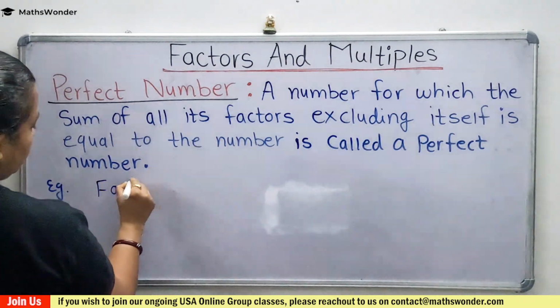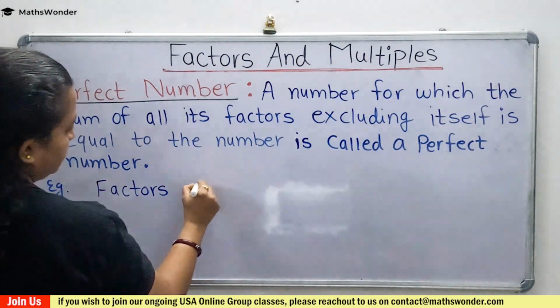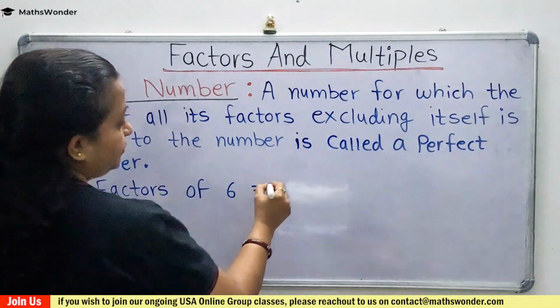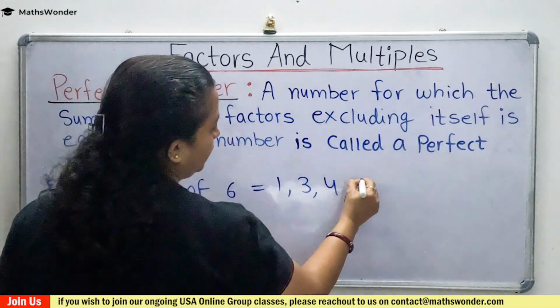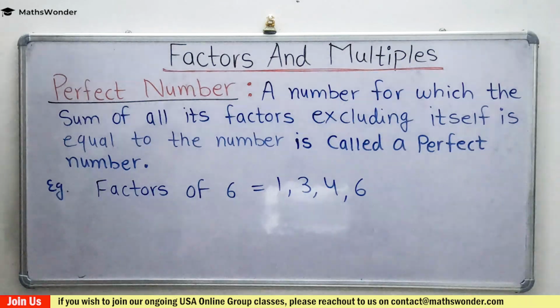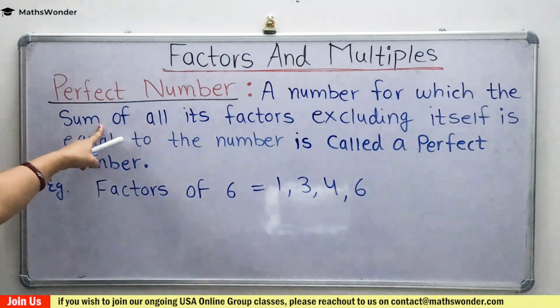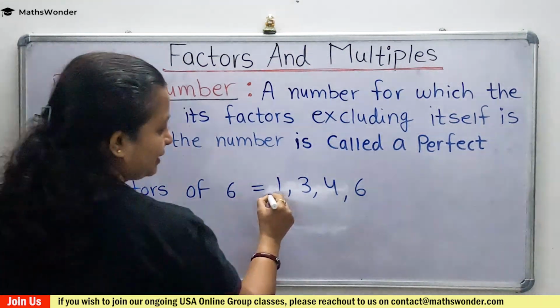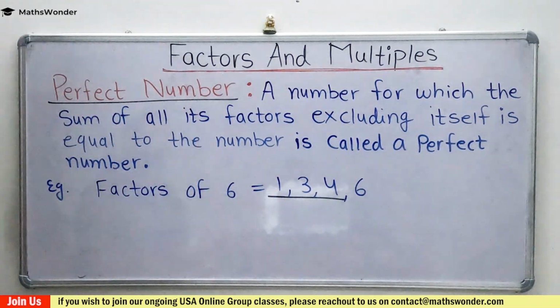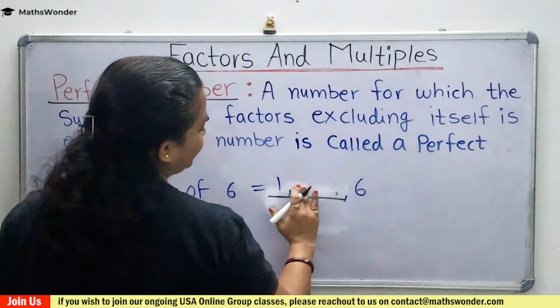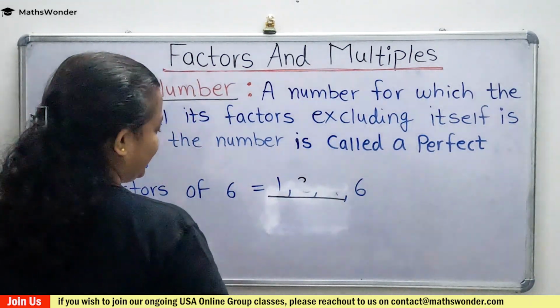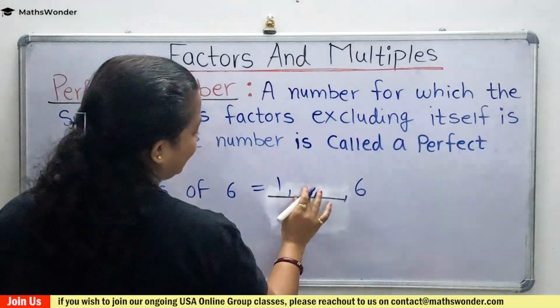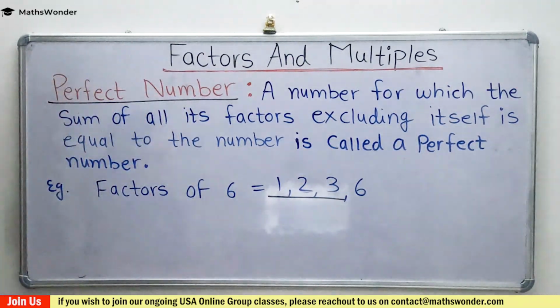Find the factors of 6 first. 1, 2, 3 and 6. Sorry, it's my bad, 2 and 3, right? Yes, that's correct. So what is the definition saying? A number for which the sum of all its factors excluding itself.